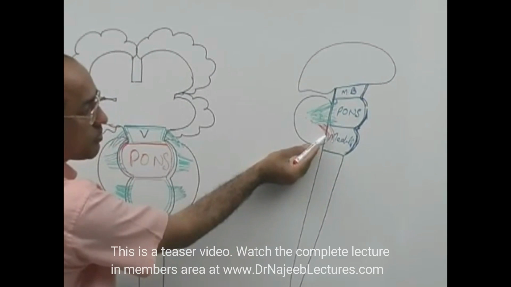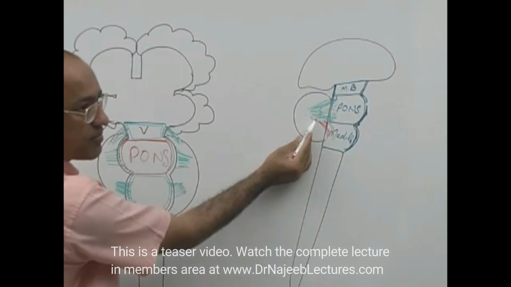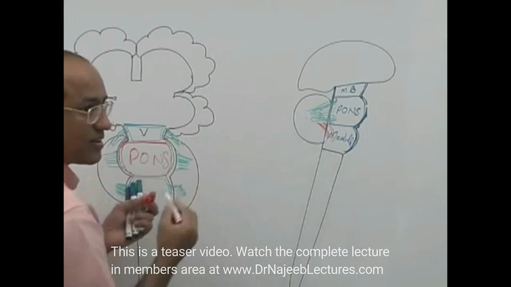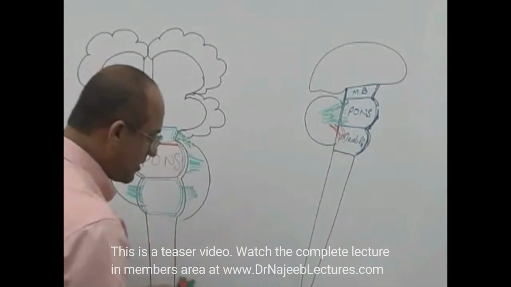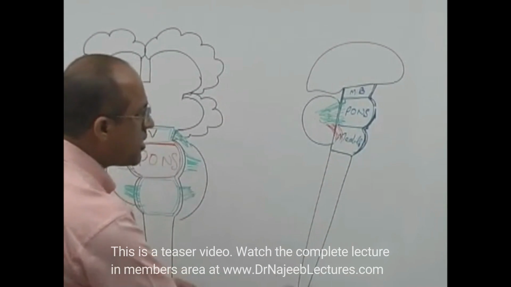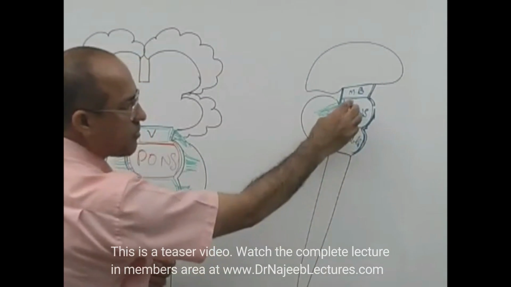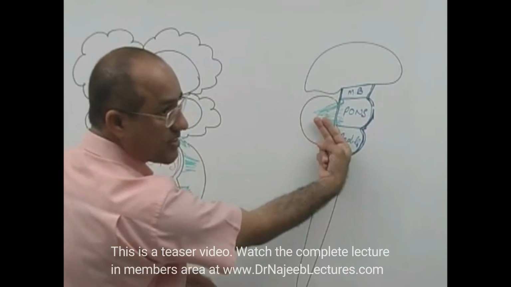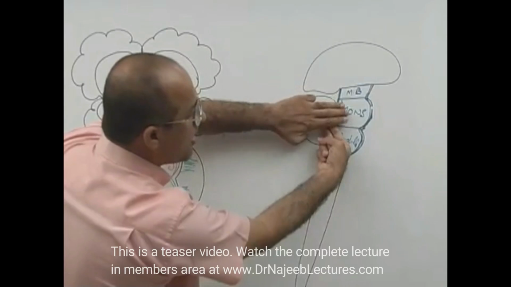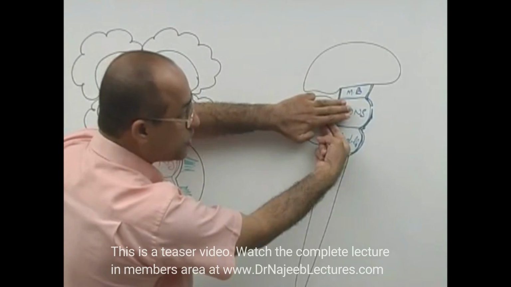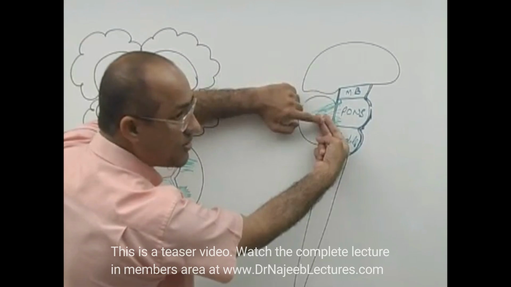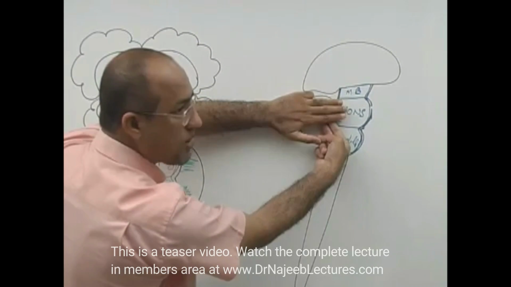When the inferior cerebellar peduncle is going towards the cerebellum, it is buried underneath the middle cerebellar peduncle. The middle cerebellar peduncle is coming from pons to here. If these two fingers are the inferior cerebellar peduncle, then this is the middle cerebellar peduncle. So you can see that the middle cerebellar peduncle is covering some part of the inferior cerebellar peduncle.